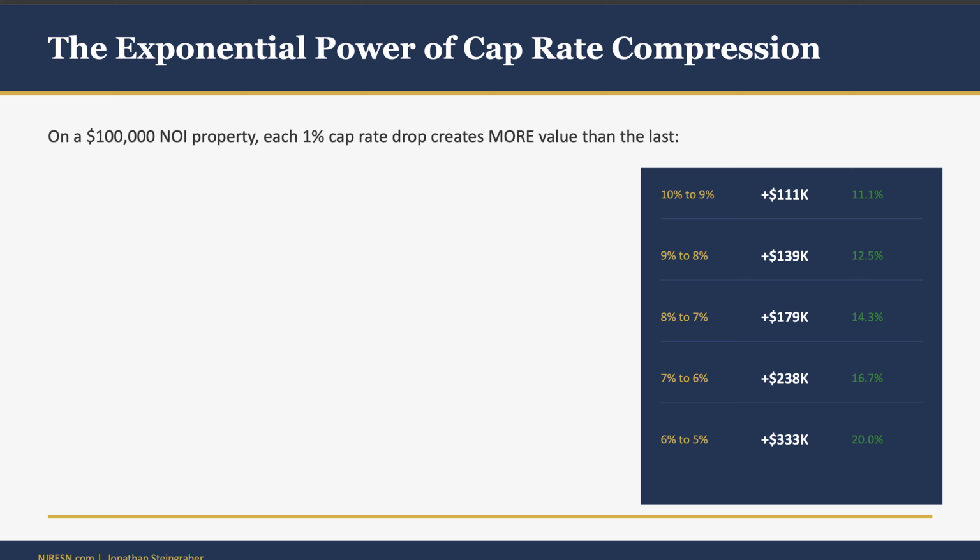If I get a building for 6%, but then I change some of the leases, I make it better, I make it cleaner, I systematize it, and I get it to 5%, I added $333,000 in value to that building. $333,000 in value to that building. That's 20%. Isn't that crazy?